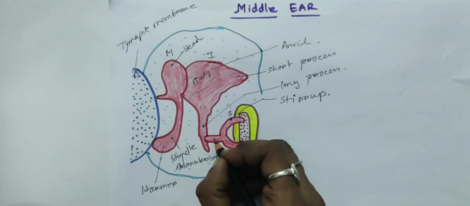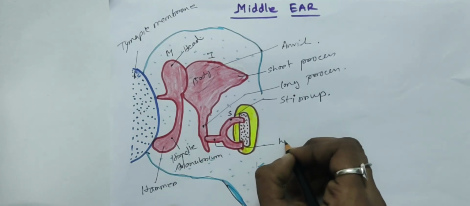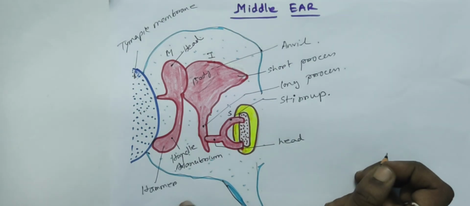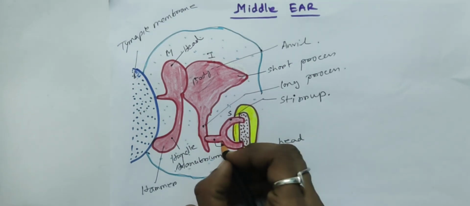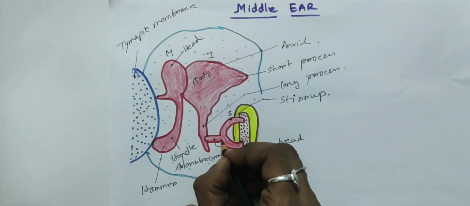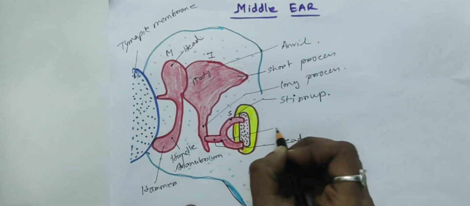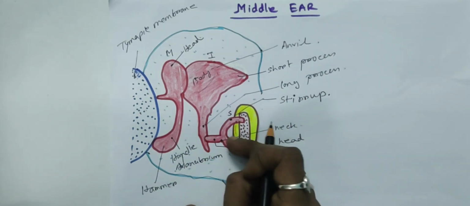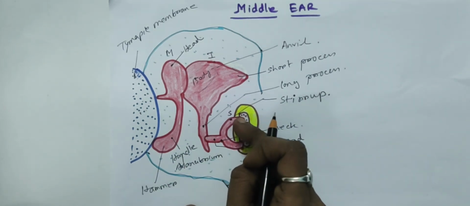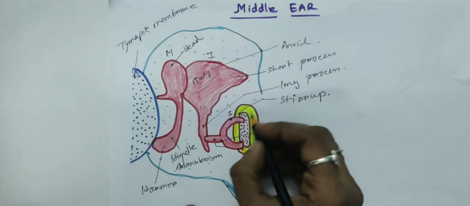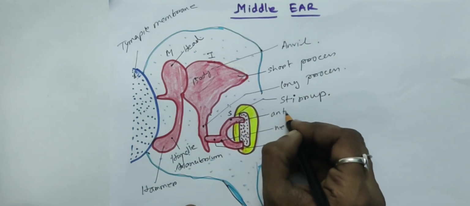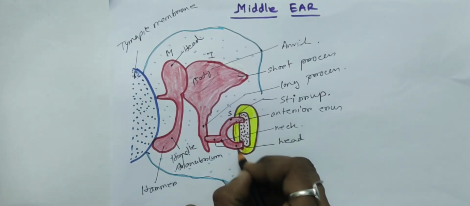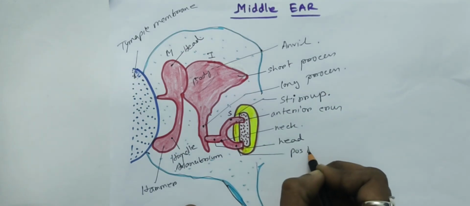It has a head, and a neck, and it has two arms, that is the anterior crus and the posterior crus. This is the anterior crus, and this one is the posterior crus.